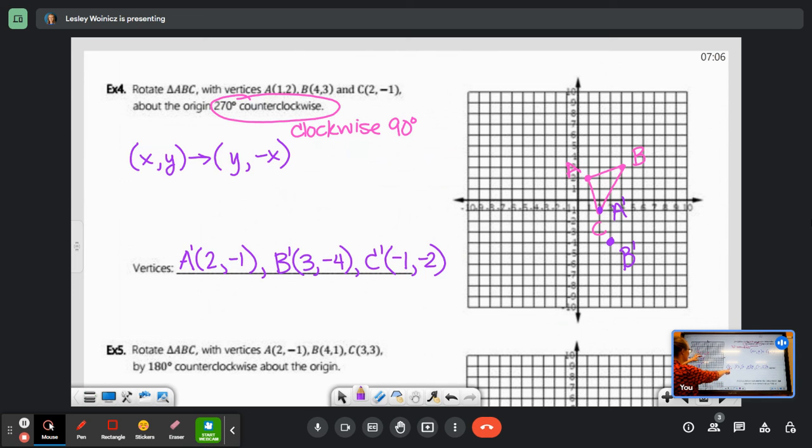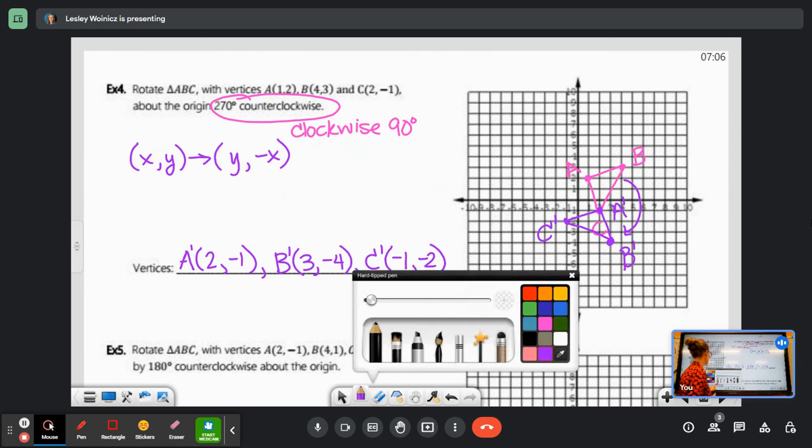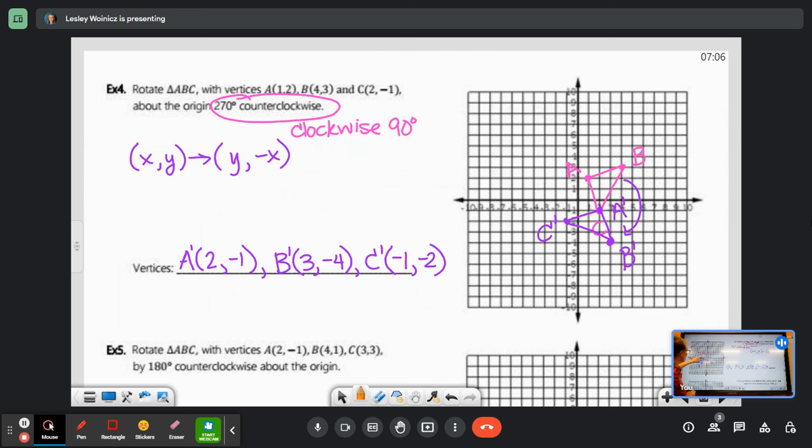C goes to -1, -2. That's C prime. So it just rotated. If you want to picture where these segments ended up, this one ended up here, if that helps your brain a little bit.